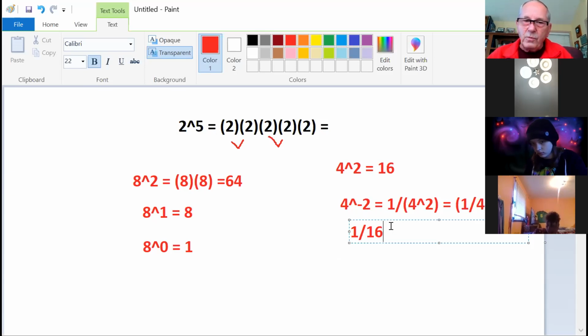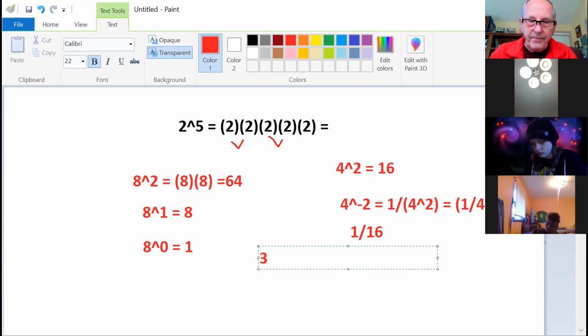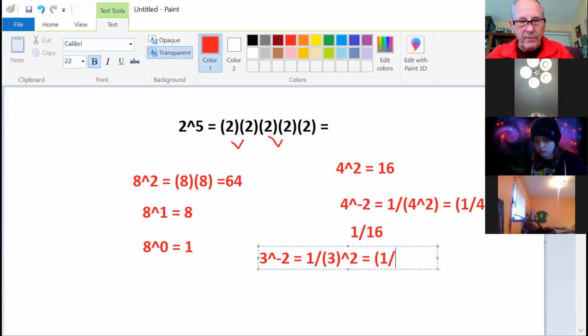But just remember that if I had 3 to the -2, that would be the same thing as 1/3 to the power like that, which is the same thing as 1/3 times 1/3.